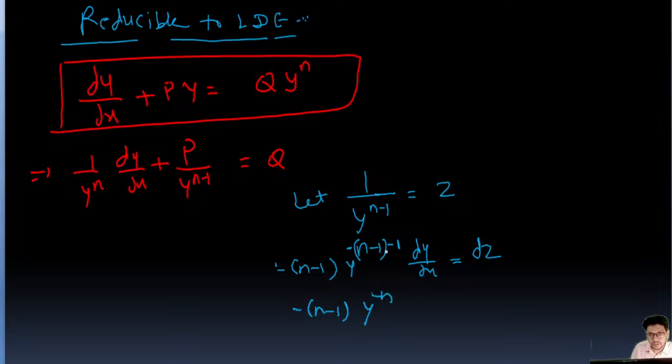The minus minus becomes plus, this will get cancelled, y to the power minus n dy over dx is going to be dz upon dx. We have differentiated with respect to x. If you simplify it further, it is going to be 1 upon 1 minus n.